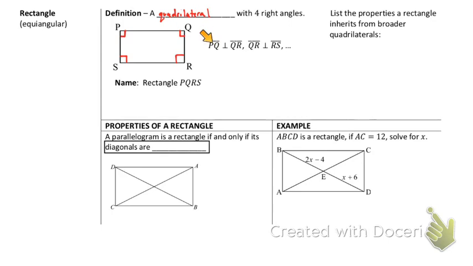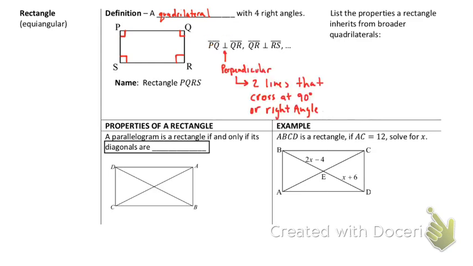As a reminder, these statements here have a special symbol. This symbol here is perpendicular. The definition of perpendicular is when you have 2 lines that cross at 90 degrees, or in other words, at a right angle. So the way I would read this is that the line segment PQ is perpendicular to the line segment QR.